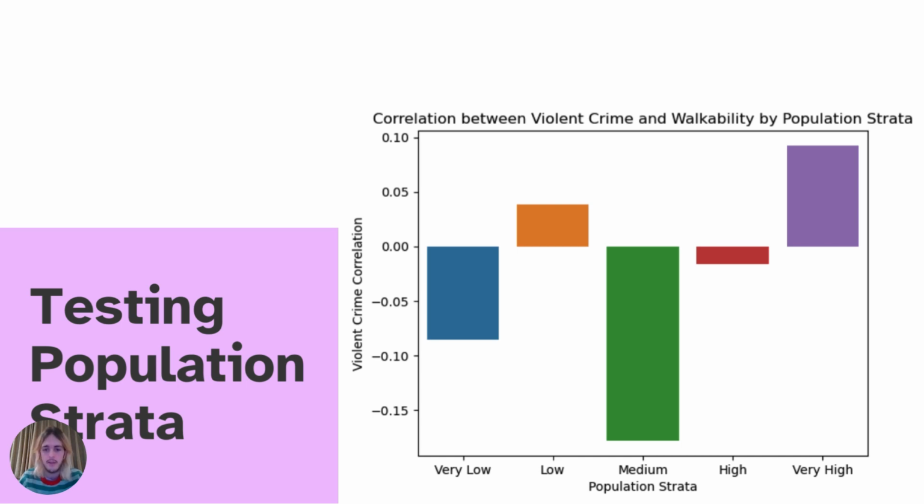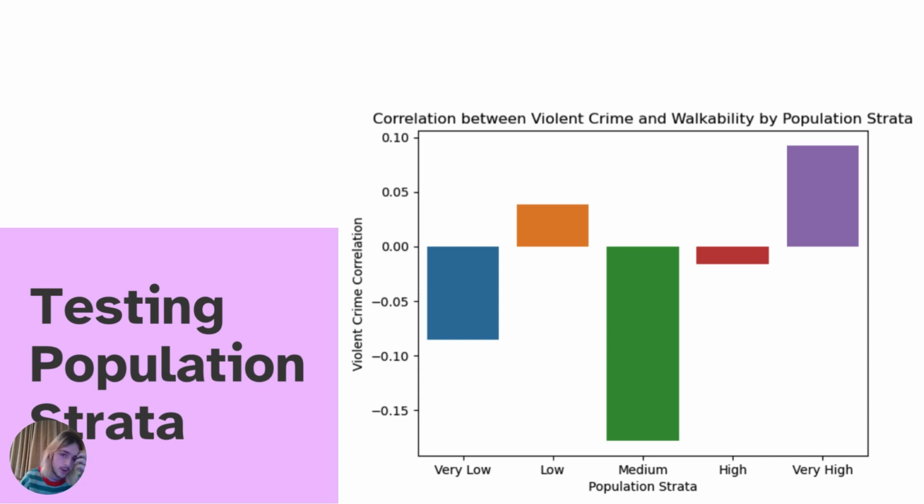As you can see in this graph, I divided each of the combined statistical areas into 5 different population groups: very low, low, medium, high, and very high. The edges of these bins were determined by a small algorithm that I wrote that determines the quintiles of the population data and sets the edges of the bins accordingly. So each of the bins has the same number of cities in it.